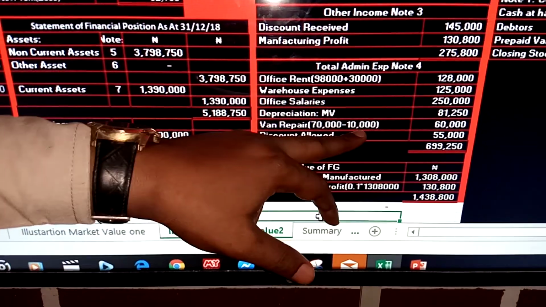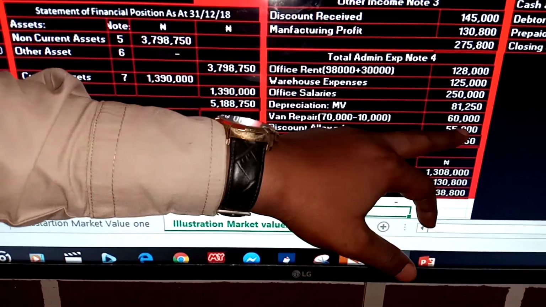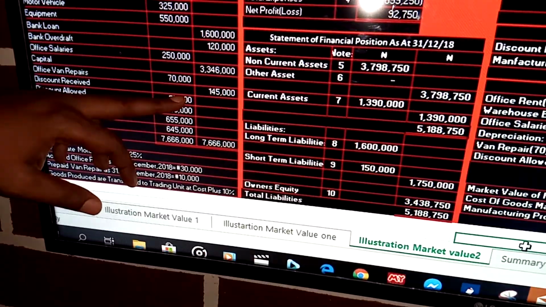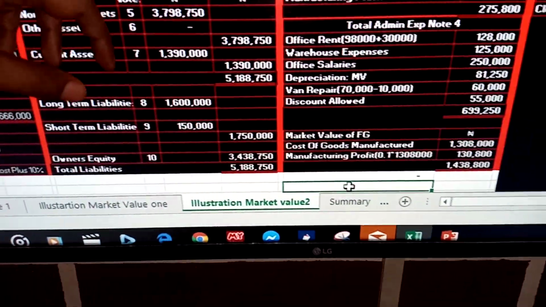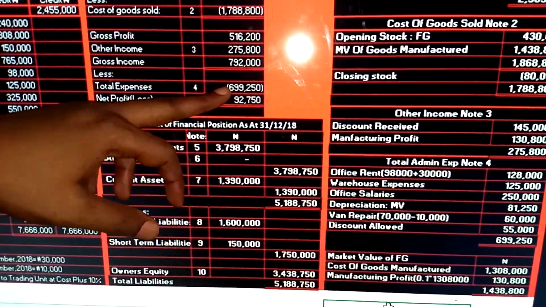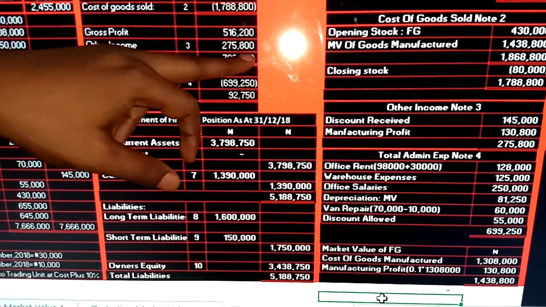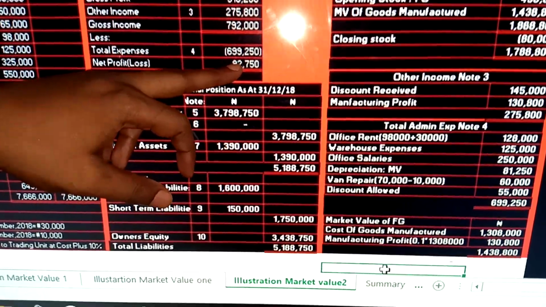So we have 70,000 minus 10,000, 60,000. Then we have discount allowed, 55,000. It's in the question. When you add all this together, you have 699,250. So you have it here, total expense. Take 699,250 from your gross income of 792,000, and we have 92,750. That's your net profit.